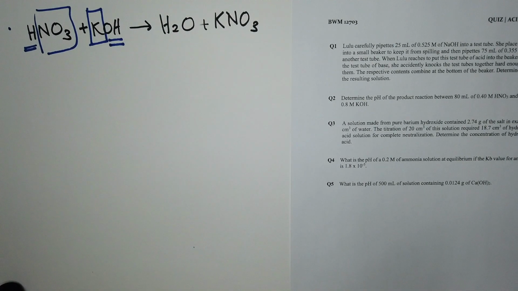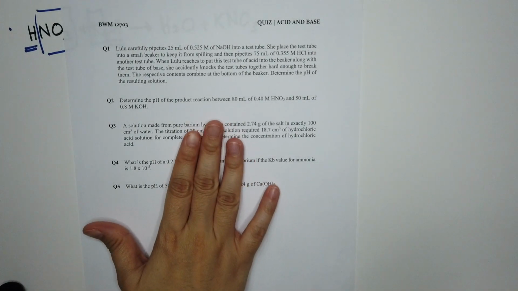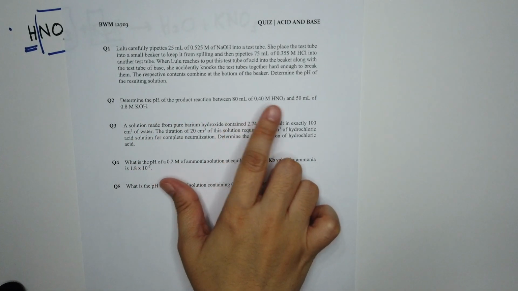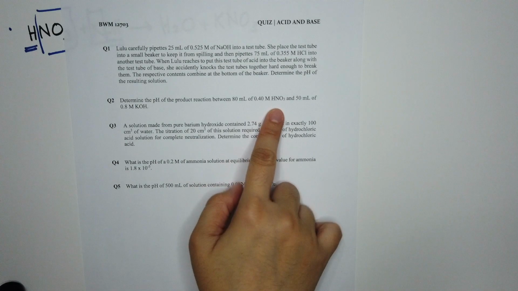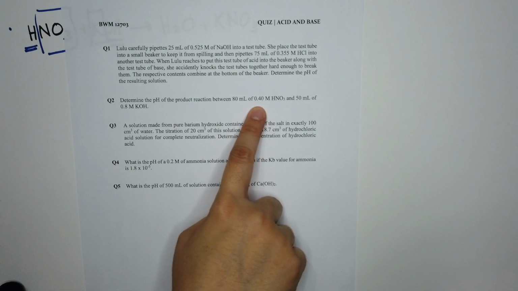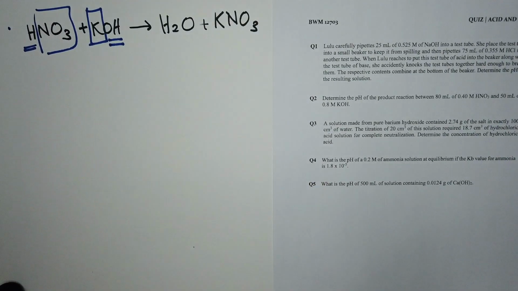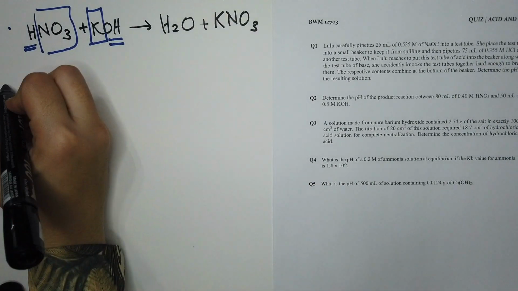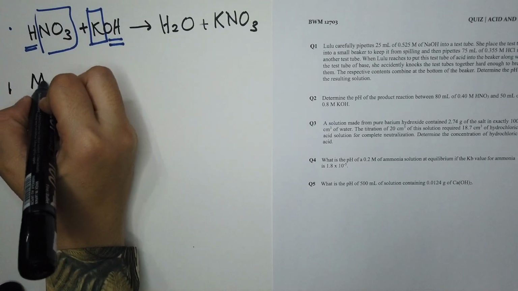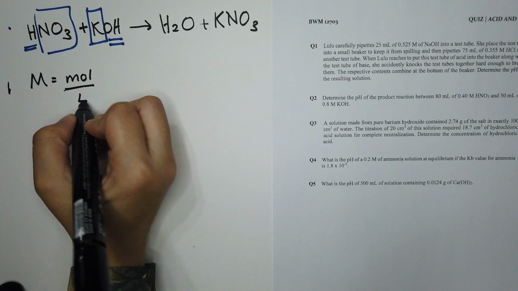Alright. And then what else from the question do you have information on? It states that for the HNO3, the volume is 80 ml and the molarity is 0.4. So what you need to do is find the number of moles. Molarity is equivalent to mole over liter.